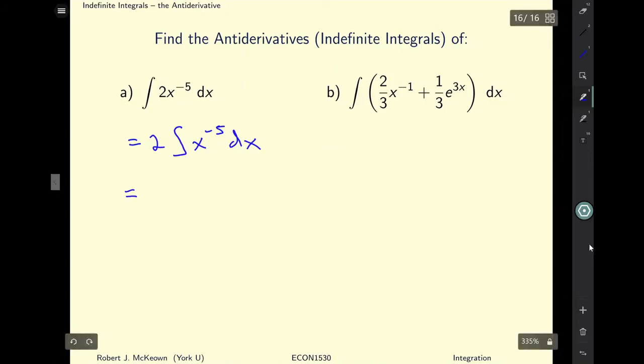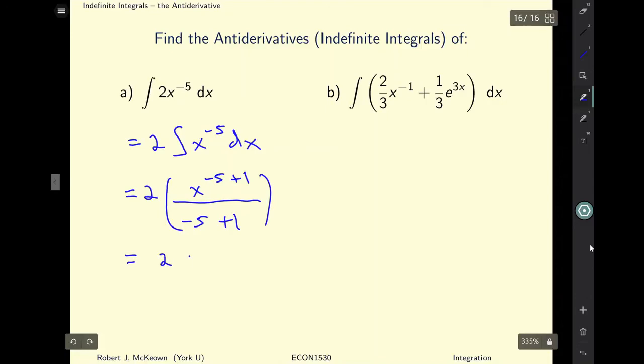Now, if I apply the rule to the integral part, I'm going to have x to the negative 5 plus 1 divided by negative 5 plus 1, and that's all multiplied by 2.